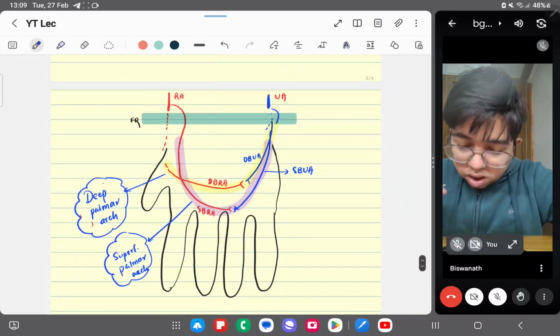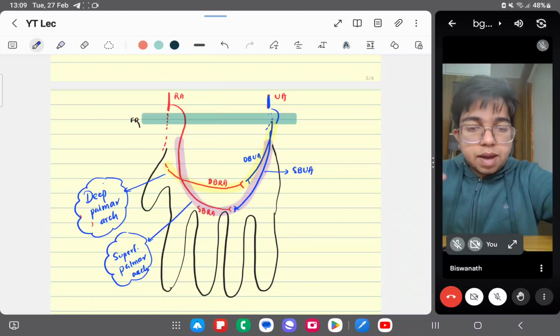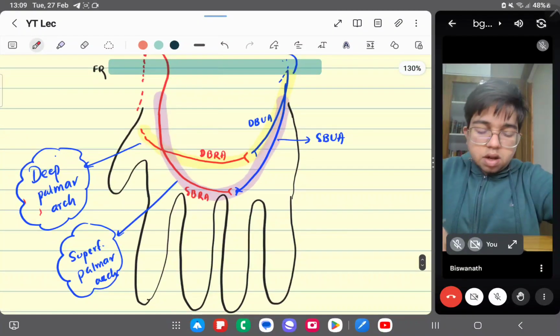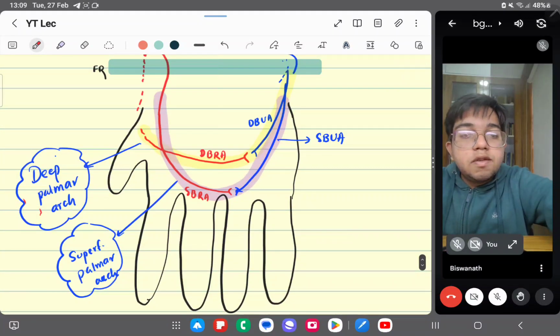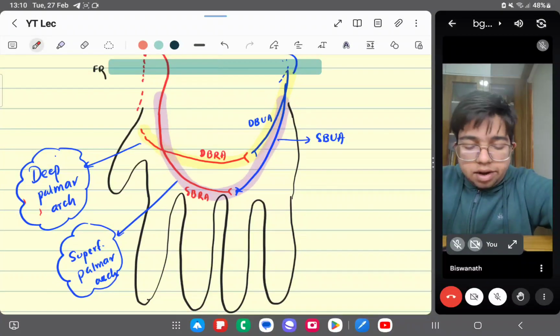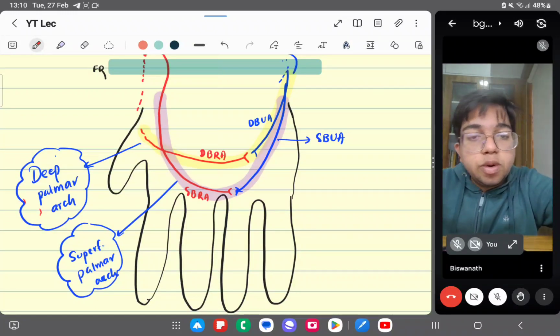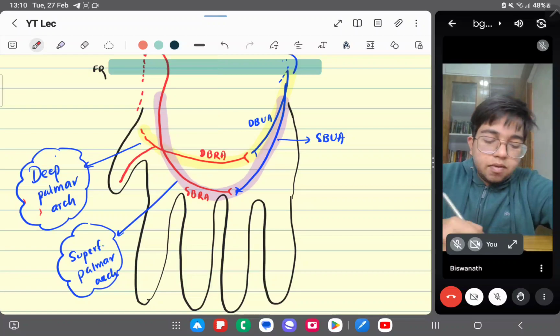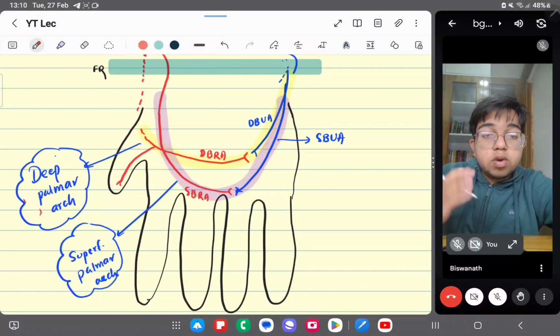But here the arteries don't terminate. Here we have more branches to the fingers. Okay. So first things first. From the deep branch of the radial artery, remember, two major branches are there. One is the artery which will be going to the thumb.